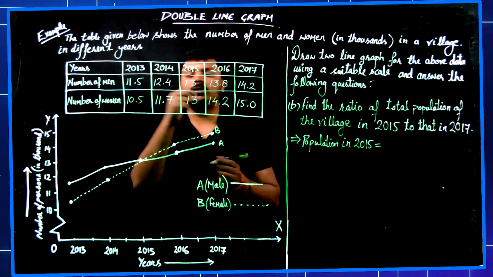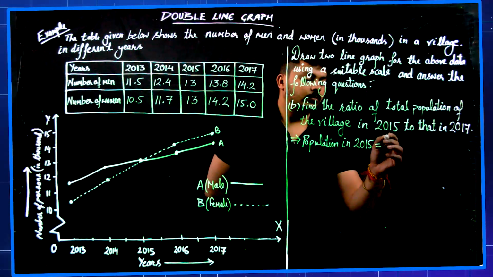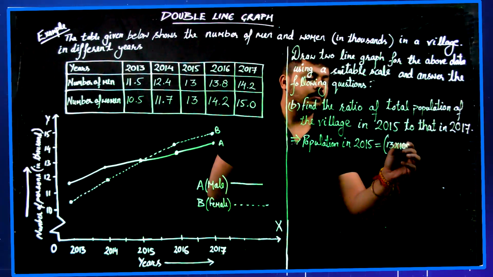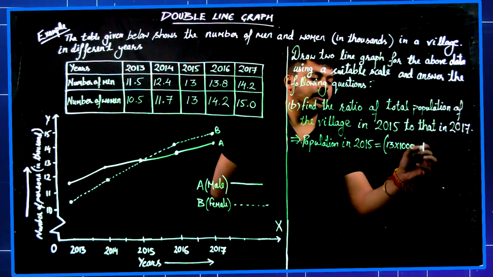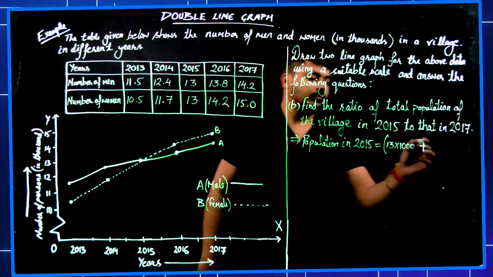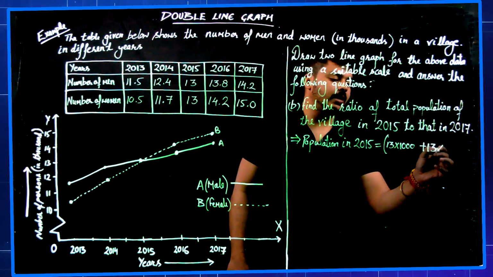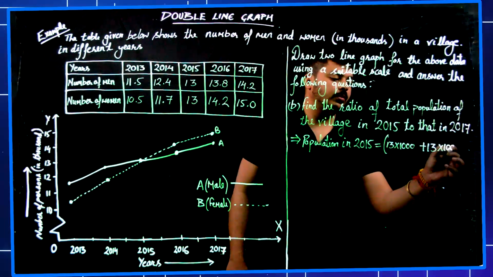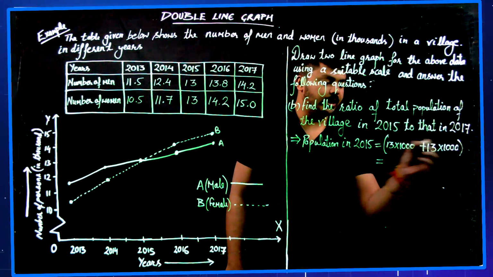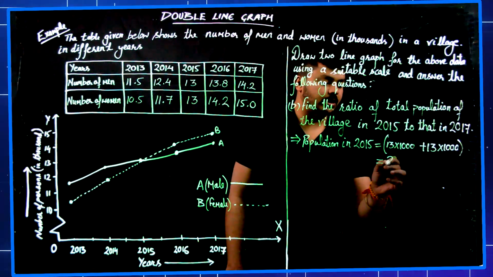In 2015, the number of men were 13 multiplied by 1000, plus the number of women, that is 13 multiplied by 1000, as the number of persons are in thousands. So we get 13,000 plus 13,000 equals 26,000.